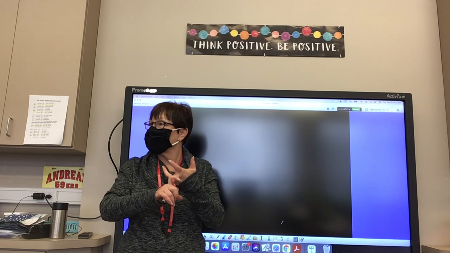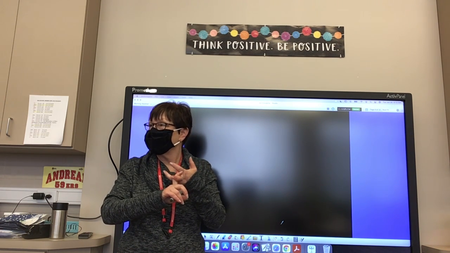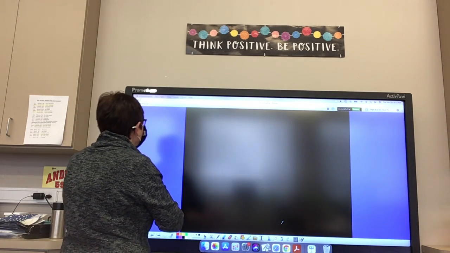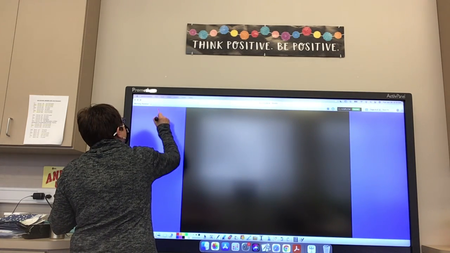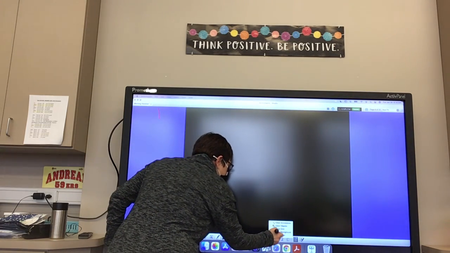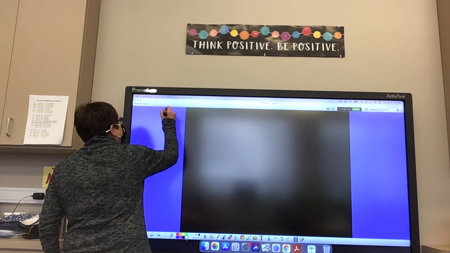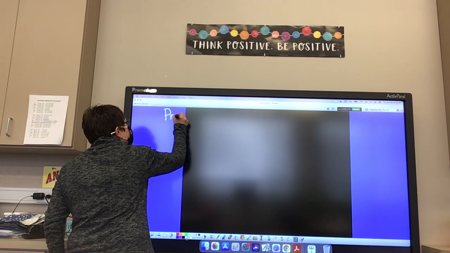So how many sections are we going to need to divide our spiral into today? Anastasia? 3. We're going to need 3 sections. So we're going to need a prefix section. Oh, I'm going to do that in white. I don't like that red. So we're going to label it prefix.